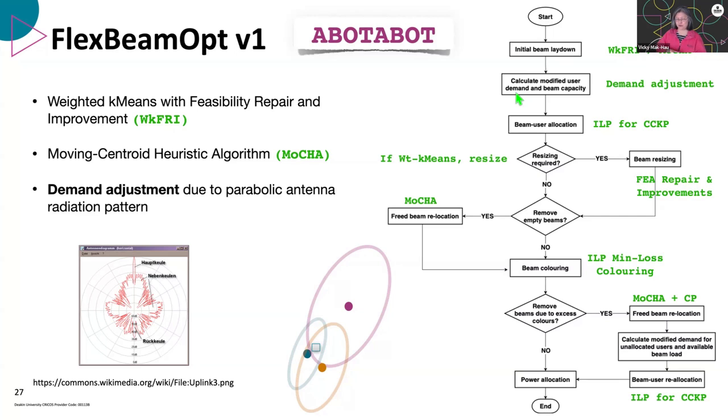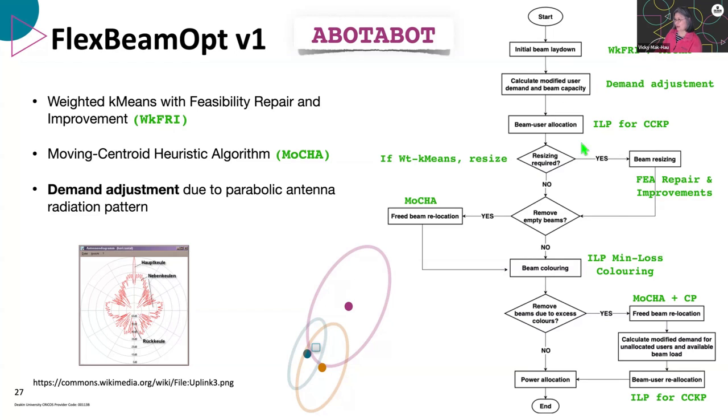And then we have the moving centroid heuristic algorithm. We call it Mak-Hau because everybody likes coffee in my team. And with that one, we don't have to do the feasibility repair and improvement. And then we solve the integer linear programming problem for the CCKP, the user to beam allocation optimization problem.